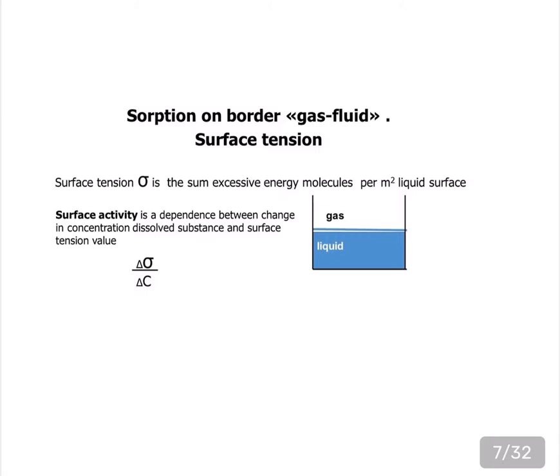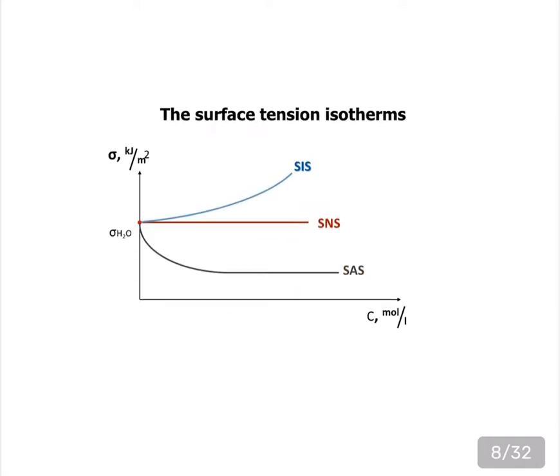The dependence between the amount of dissolved substance and the surface tension value is called the surface tension isotherm.